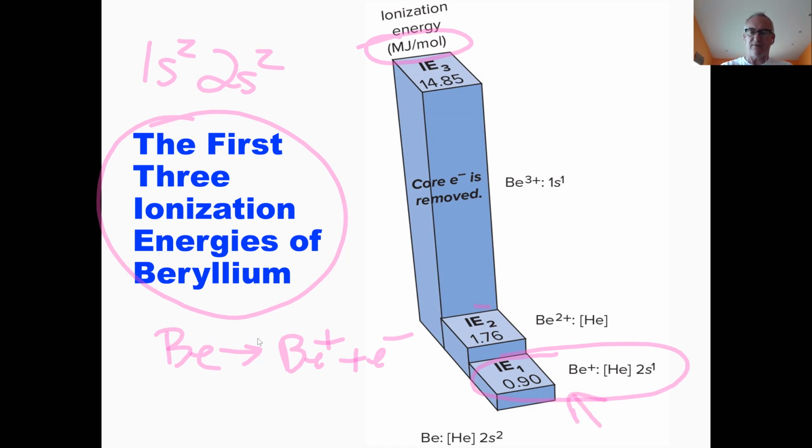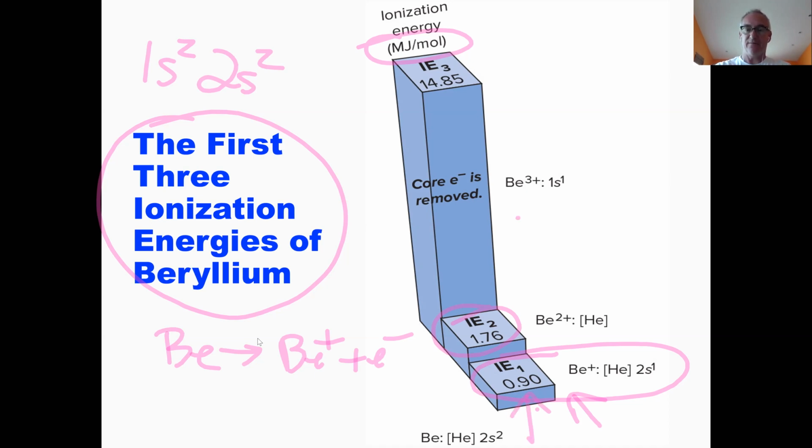The second energy, remember IE2, ionization energy 2, is the amount of energy required to steal the second electron, not the first and the second, just the second one after you've taken the first one. So it took this much energy to steal the first one.